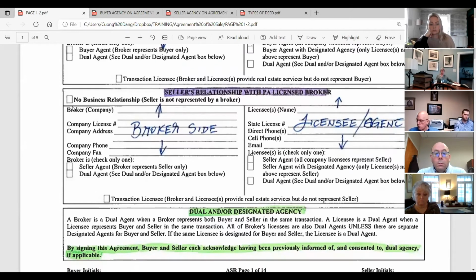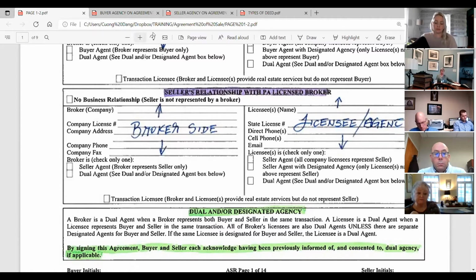So the next box we come to, same thing, seller relationship with PA licensed broker. Again, the left side talks about the broker. The right side talks about the licensee or agent. If they're not represented, you can check mark the no business relationship at the very top. But if they are represented, obviously you fill out the left and the right side.